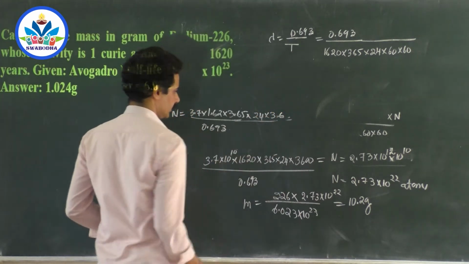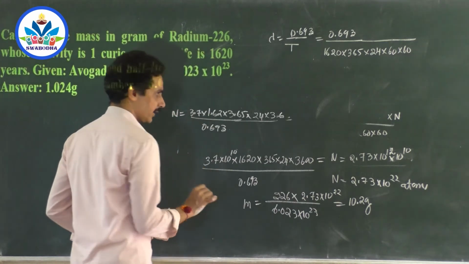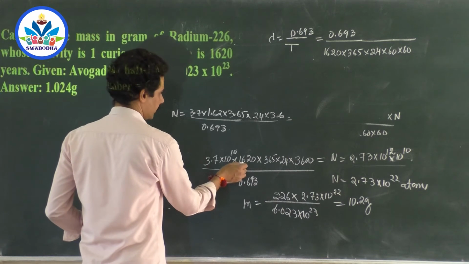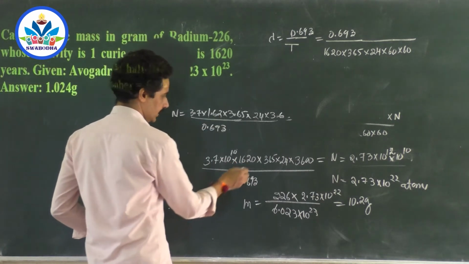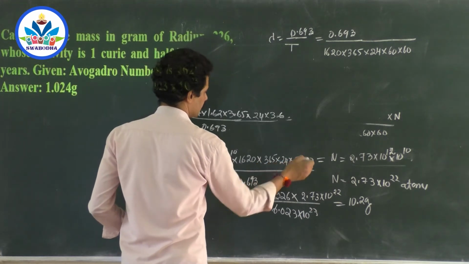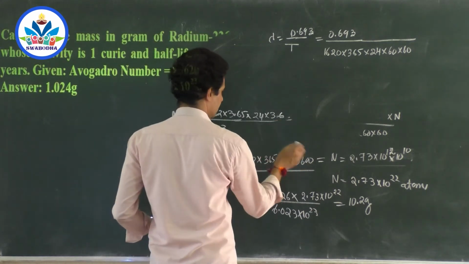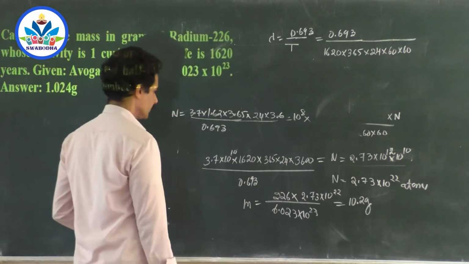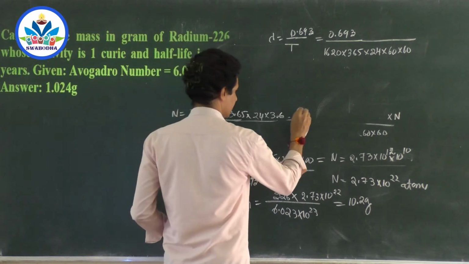So that is equal to, so what I can do is, how much 10 to the power I have retained here? 3.7 as it is. Here 10 to the power 3, because I have written only 1.62. 10 to the power 3, 10 to the power 2, 5 and 10 to the power 3, 10 to the power 8. Correct? And this 10 to the power 10.